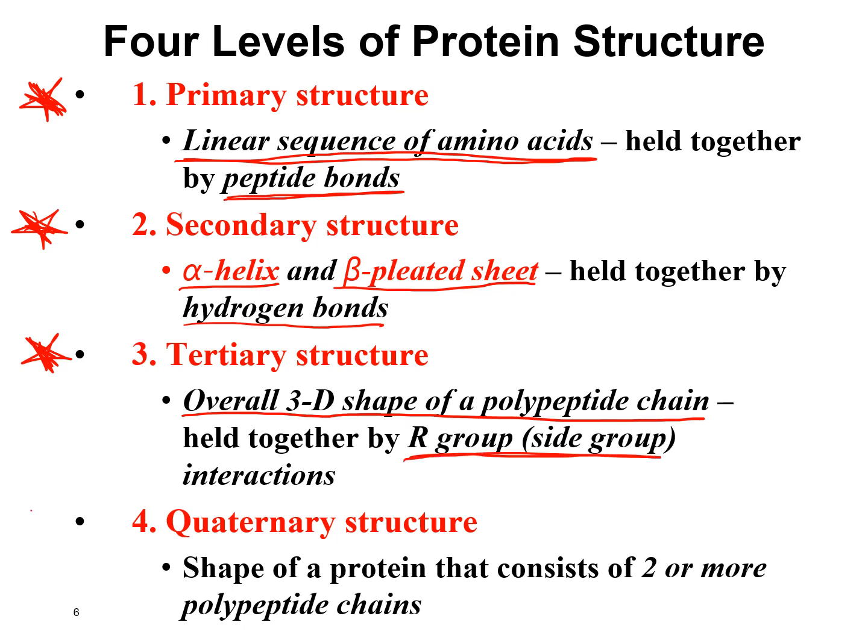And then the quaternary structure, we're only going to have if we have 2 or more polypeptide chains. So if you only have one polypeptide chain, you would stop at the tertiary structure, but if you have 2 or more polypeptide chains, then you would have a quaternary structure.